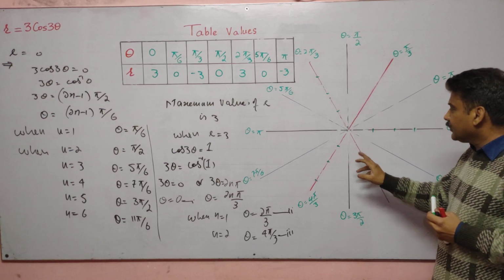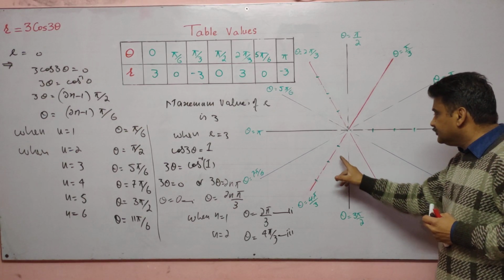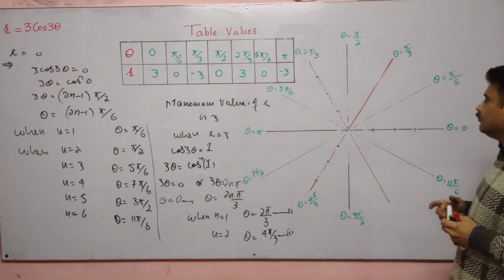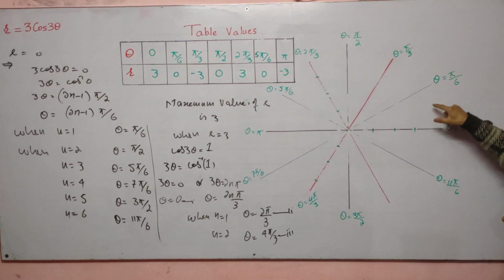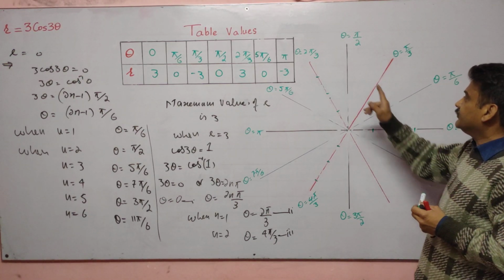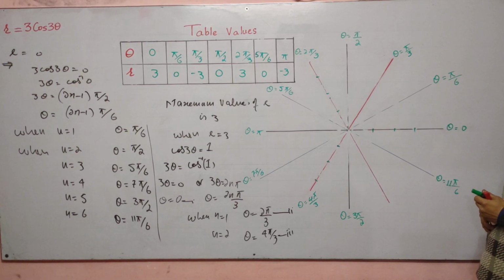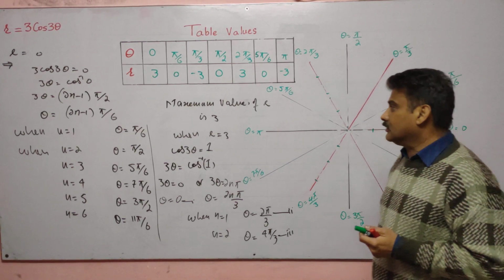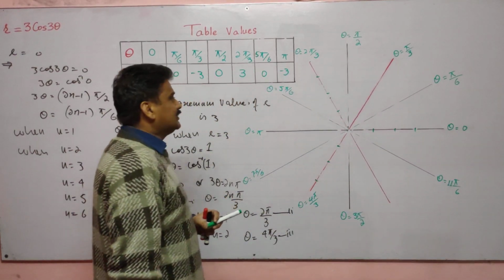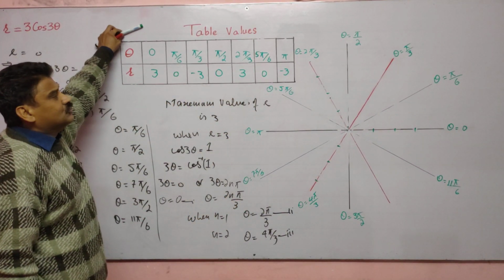The third loop will form between this interval, the first loop will form between this interval, and the second loop will form between this interval. Okay, we will draw the graph of the curve. To draw the graph of the curve, we will take help from these table values.